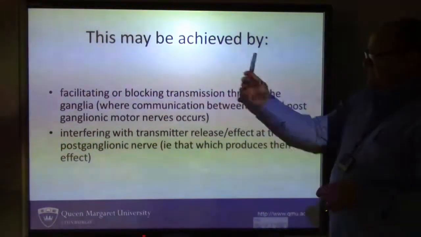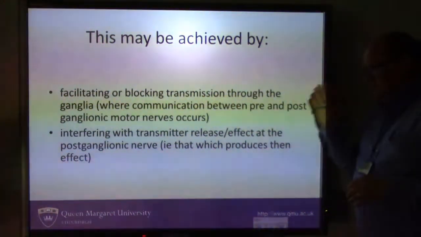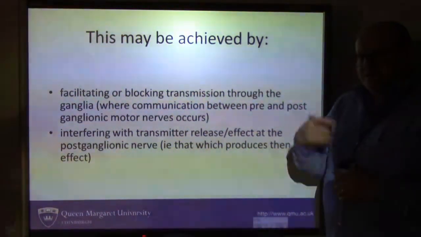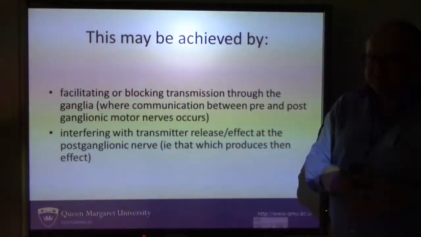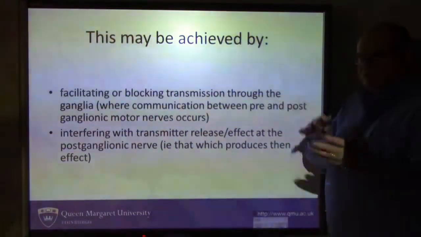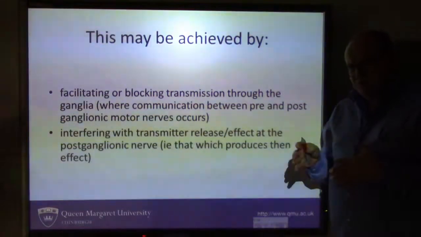So you can facilitate it, you can block it, you can do that at the level of the ganglia, you can do it at the terminal, you can block the receptor by giving an antagonist, you can stimulate it by giving an agonist, all sorts of permutations and combinations that will ultimately give you the desired effect that you want.